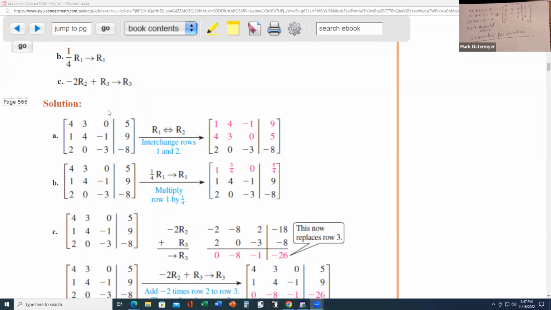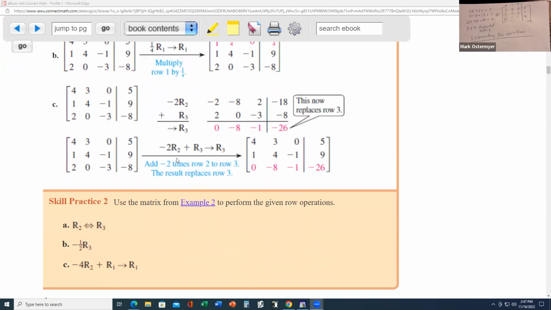Third elementary row operation is saying that we're going to take row 2 of this matrix, multiply it by -2, and then add it to row 3 to form a new row 3. Notice we're not changing row 2, we're using row 2 to change row 3 in an equivalent way. So what they did first here is they took row 2 of this matrix and multiplied every entry by -2.